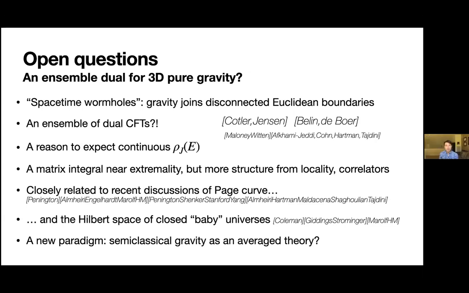Yes. So the basic point here is that if we're going to include these Seifert manifolds, then there are just as good topologies that connect multiple boundaries. And this is an old problem in AdS/CFT, how you should interpret those, because the partition function on a disconnected manifold should be the product of partition functions on the components, and the wormholes seem to spoil that.